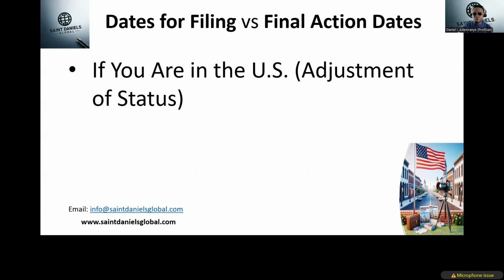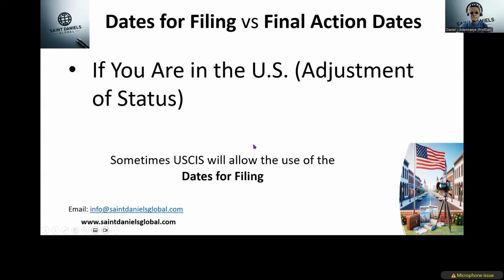And that is because USCIS typically requires you to use the final action date. That is the primary norm. Use the final action date to determine if you can actually submit your adjustment of status application or not.